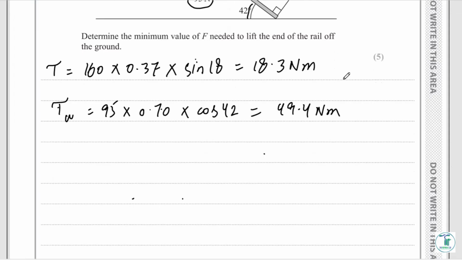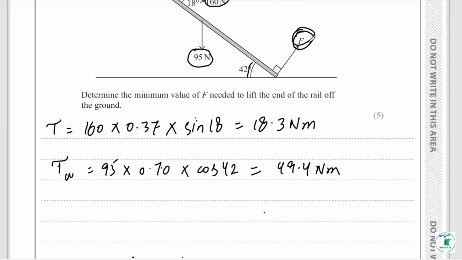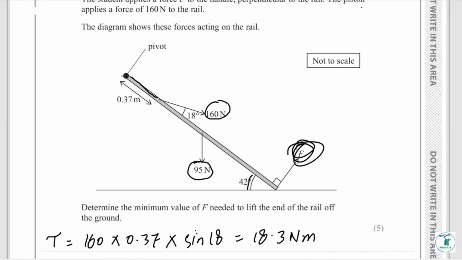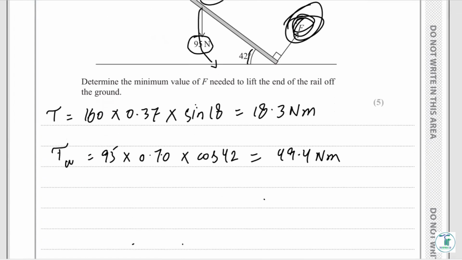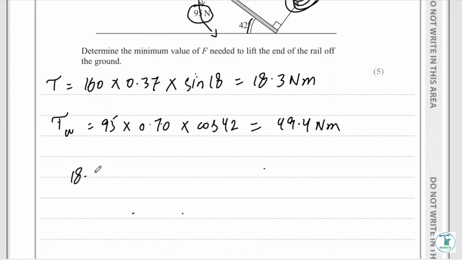At the end of the day, you've got the torque due to this force as well. This must be F times 1.4. So this F and that 18.3 Newton. Both of these moments are acting in a clockwise direction, and this one is going to be an anticlockwise moment. So the sum of these two moments should be equal to the other one. So 18.3 plus F times 1.4 should be equal to the moment due to the weight, and that is 49.4.